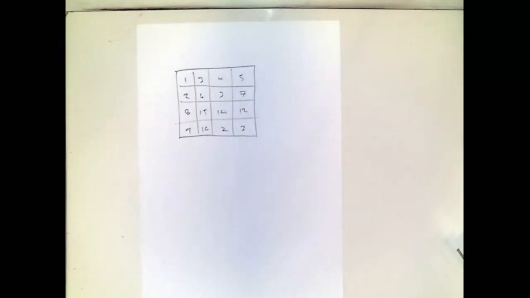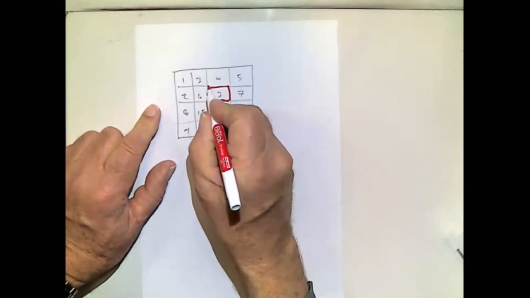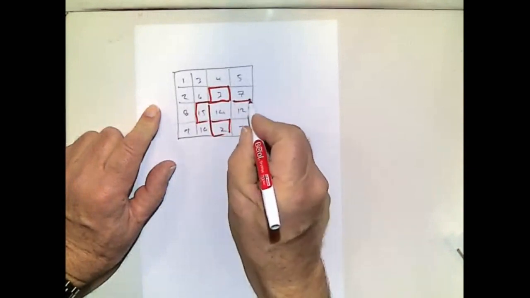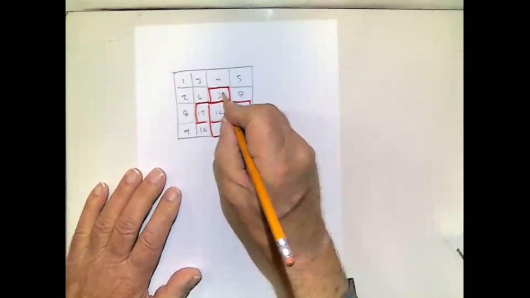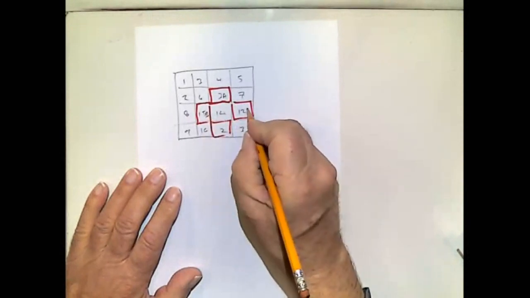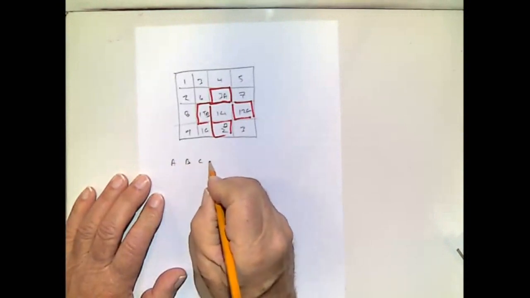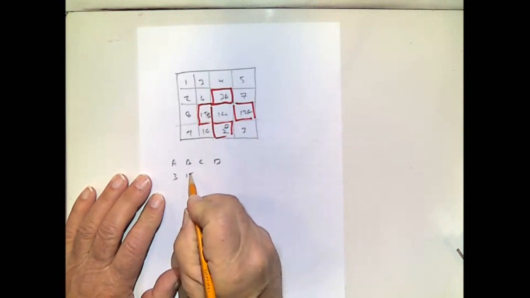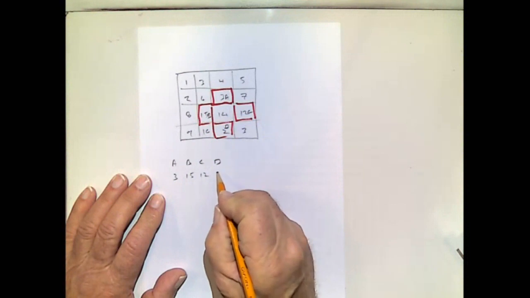Values don't matter. Imagine the operator is sitting here, extracting that pixel, that pixel, that pixel, and that pixel. Let's call these pixels A, B, C, and D. And the values are A is 3, B is 15, C is 12, and D is 2.